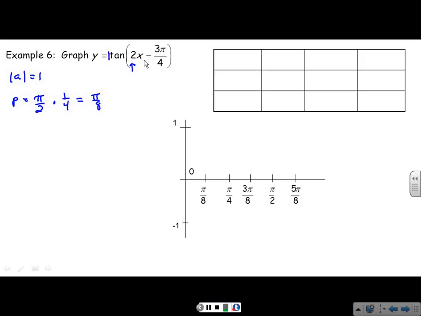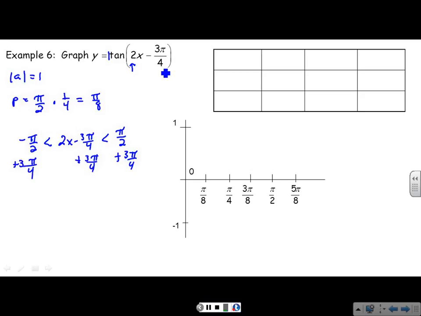And then to figure out our asymptotes, remember tangent goes from negative pi over 2, and then we have our argument of 2x minus 3 pi over 4 this time because we have a shift, and then less than pi over 2. So remember we do have a shift here. We're shifting it to the right 3 pi over 4, so we add 3 pi over 4 to every side.